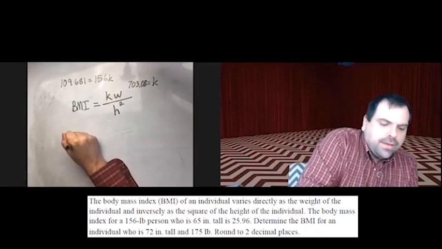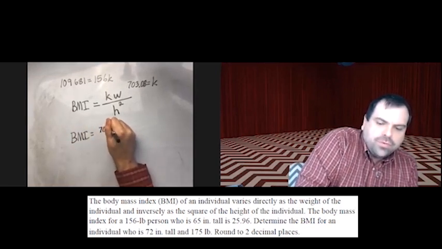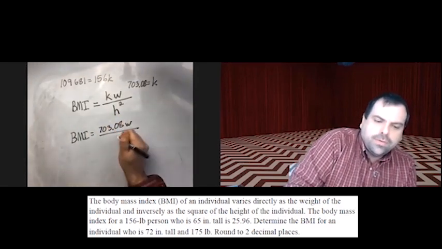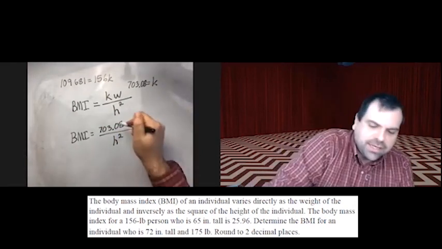So BMI is 703.08 W over H squared. All of that to solve for K, to plug it into the equation.